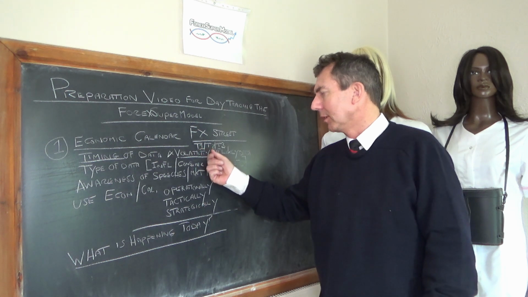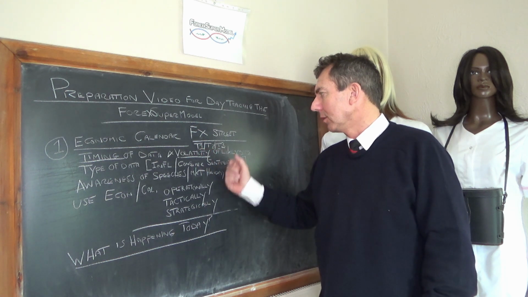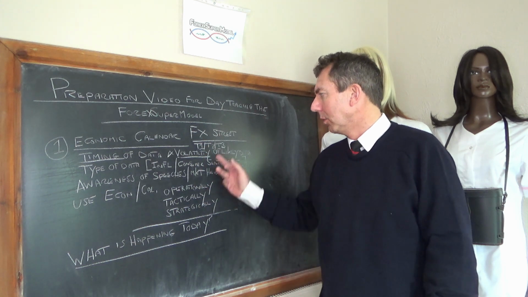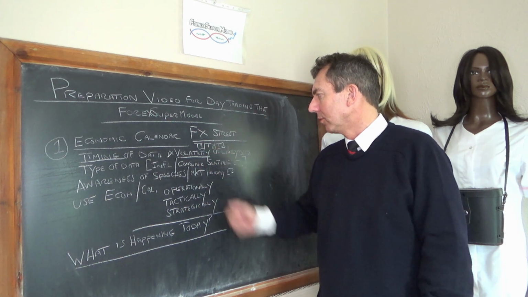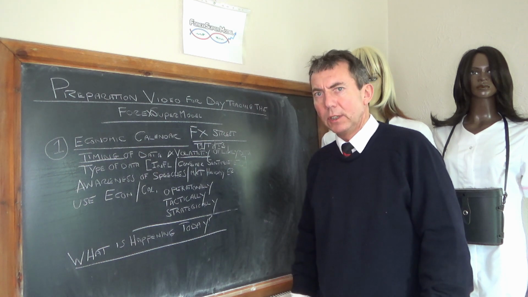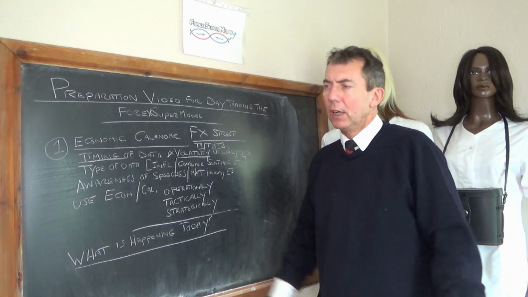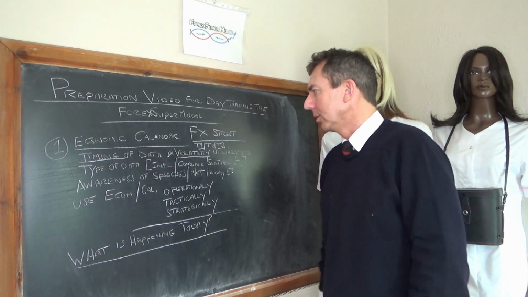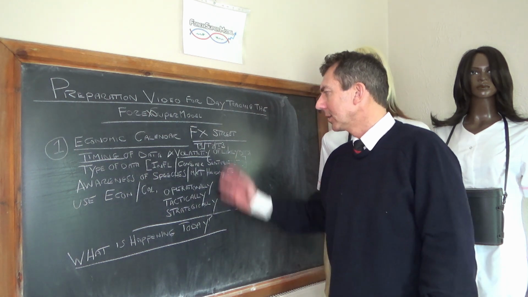Tier 1 being the most volatile, Tier 2, Tier 3. On FX Street they use red for Tier 1, orange for Tier 2 and yellow for Tier 3. Other economic calendars use a slightly different system, but anyway, that's that.